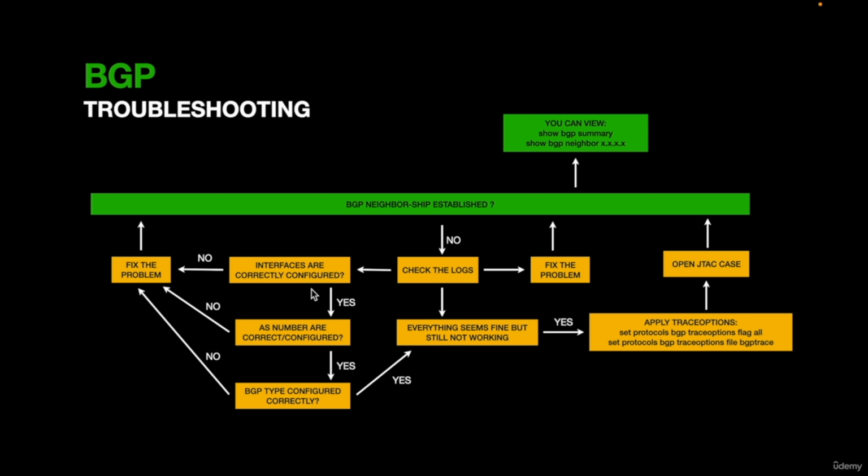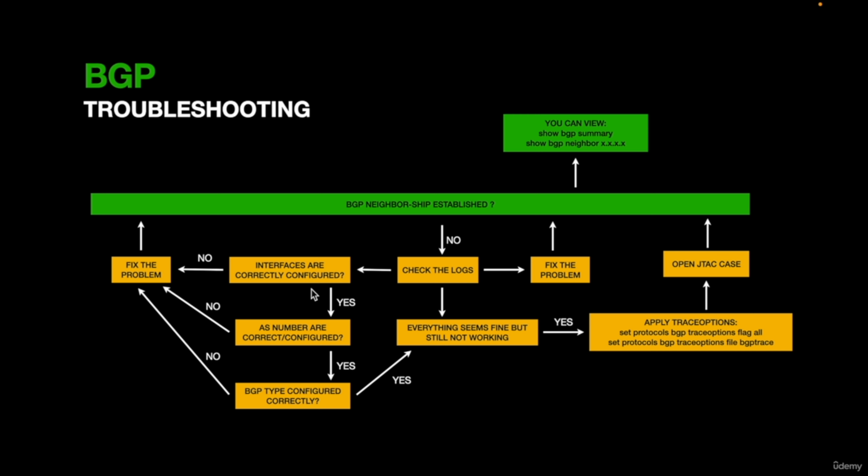So you should fix all the problems that you have, and check if the BGP neighborship is established, and you can do that by issuing show bgp summary or show bgp neighbor and the neighbor name. BGP will work most of the time, and as I said, the logs for BGP are pretty good, and they will tell you what is wrong, and you will easily understand what you need to fix.